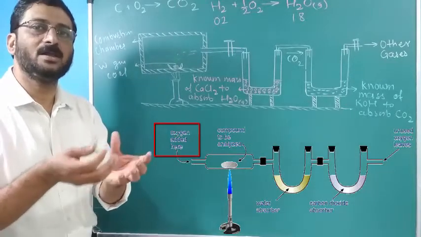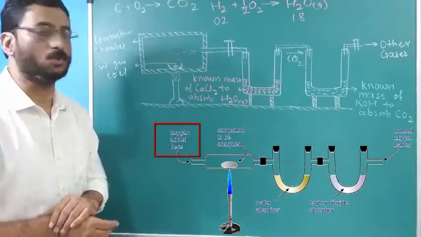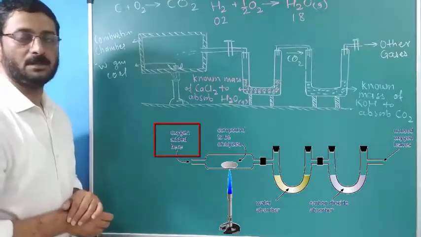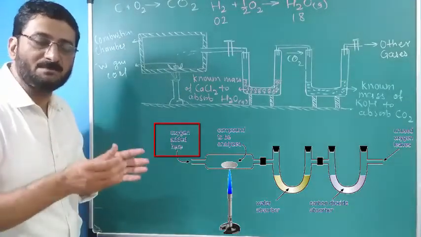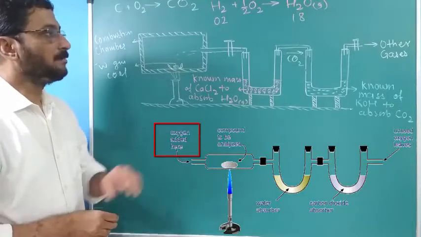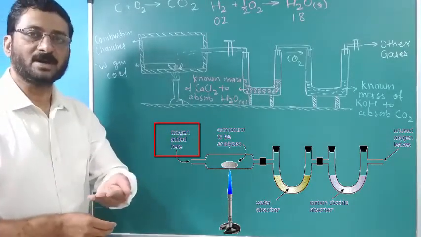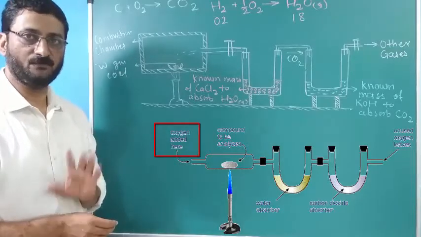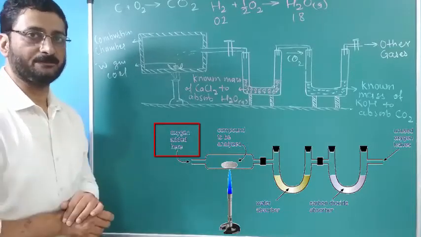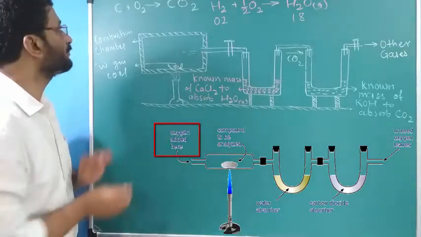This KOH will absorb the CO2 coming from the carbon present in the coal. By absorbing the CO2 produced, there will be some rise in the mass of KOH, that we are recording.